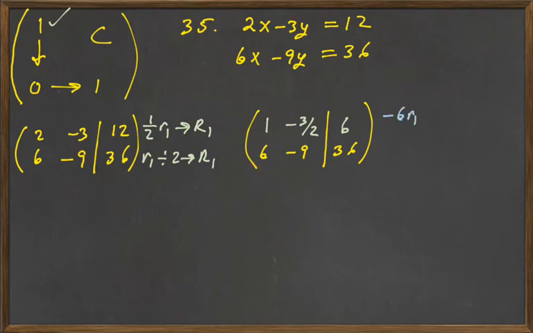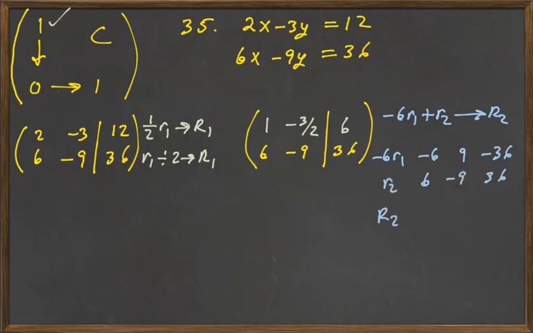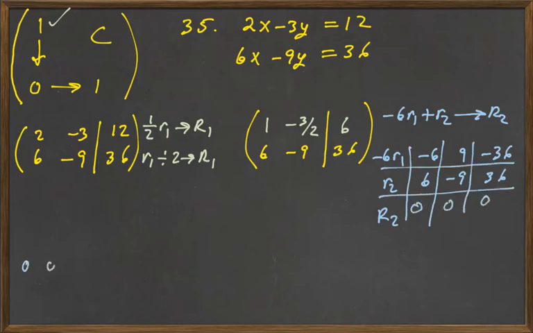Negative 6, row 1, plus row 2 replaces row 2. Okay. So negative 6, row 1 will be negative 6, 9, and negative 36. Row 2, 6, negative 9, and 36. And then we'll go ahead and add, and we get 0, 0, 0.